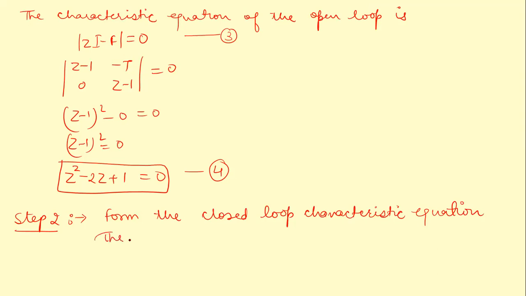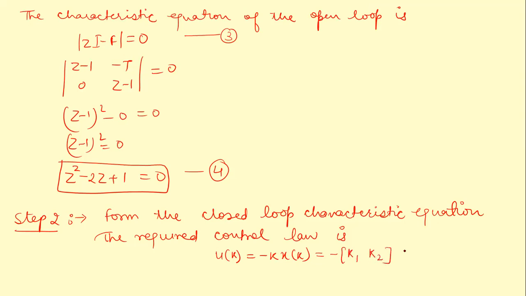So the required control law is u(k) is equal to minus K x(k), and because K is a state feedback gain matrix, which is K1 and K2, there are two elements in this x(k). This is, for example, your equation number 5.